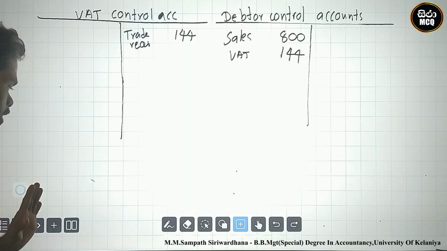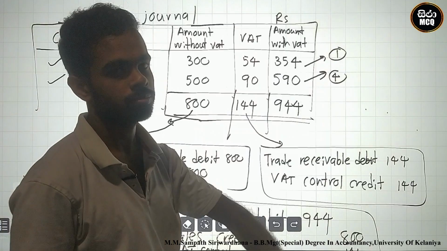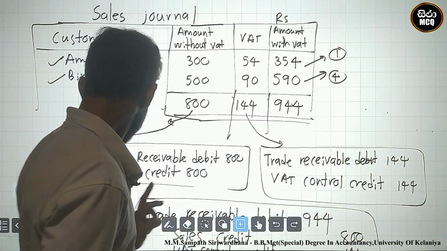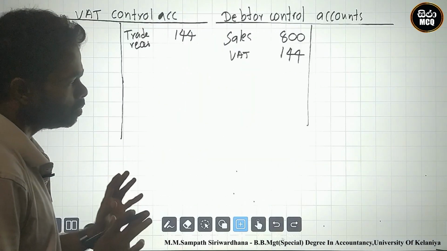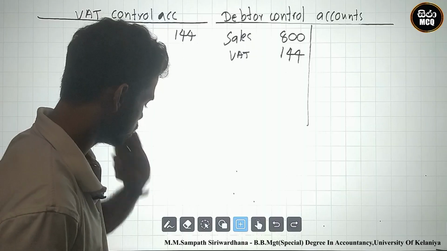Okay, we have already done transactions 1 and 4. The remaining transactions must be entered in the debtor control account and VAT control account.